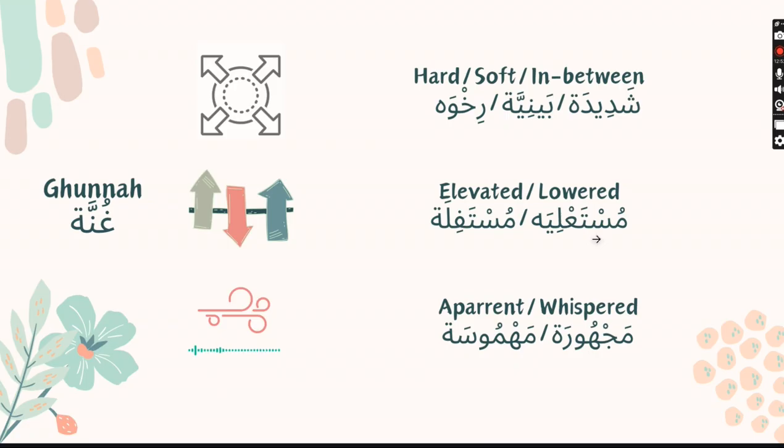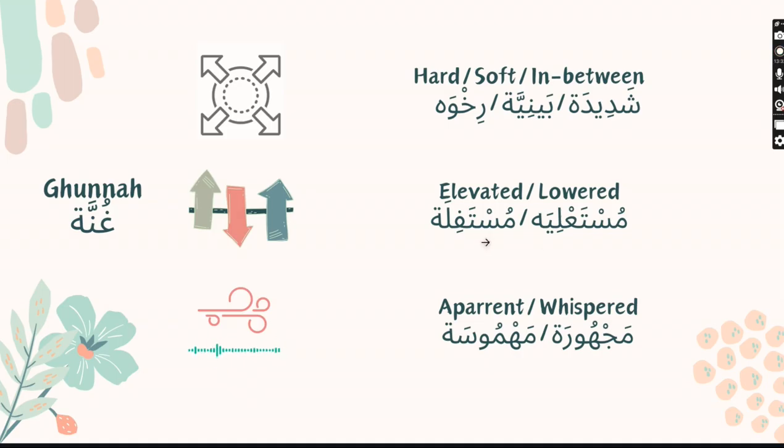Now also, is it musta'liya or mustafila? Yes, this is important. Why? Because the ra can sometimes be pronounced musta'liya, elevated, and sometimes mustafila, lowered. Let us give it a try. If I pronounce the ra fatha or ra dhamma in its simple form, then I will say ra, ar.